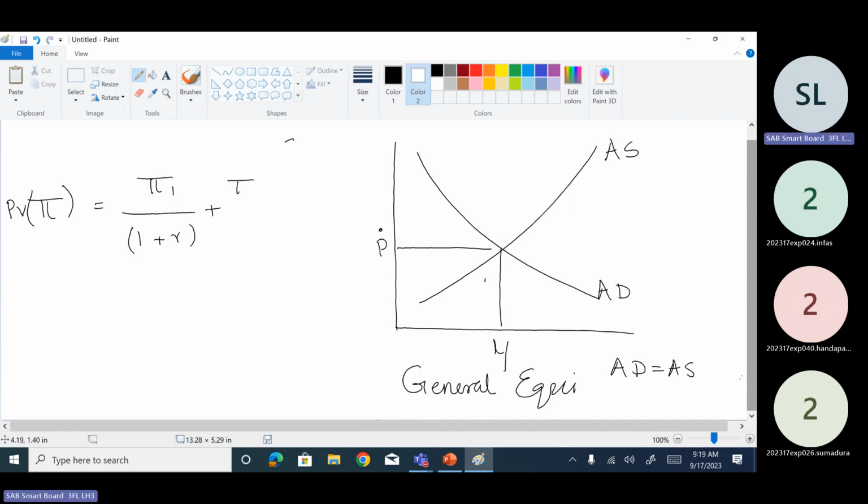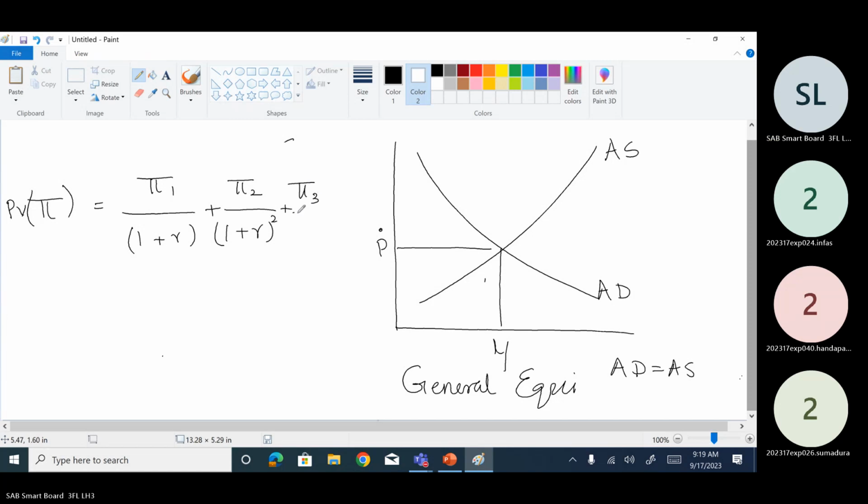And the second year, we discount by (1 plus r) squared. So we apply the discount factor. We take the present value of future expected profit by summing the future expected profits, which can be for a number of years.